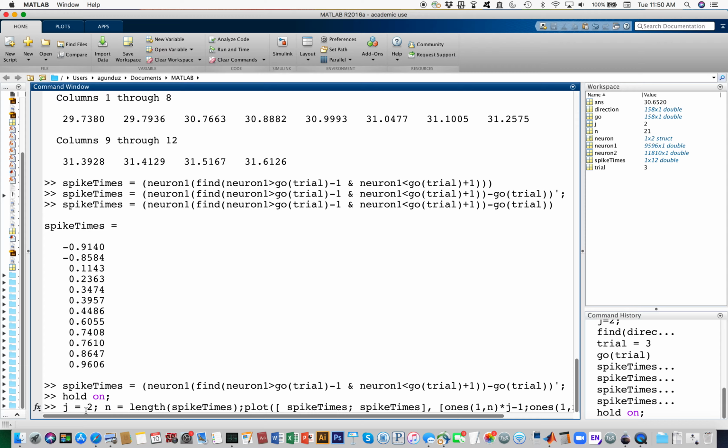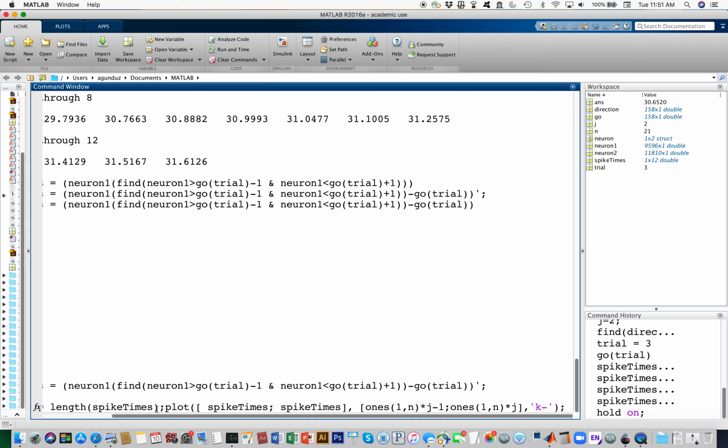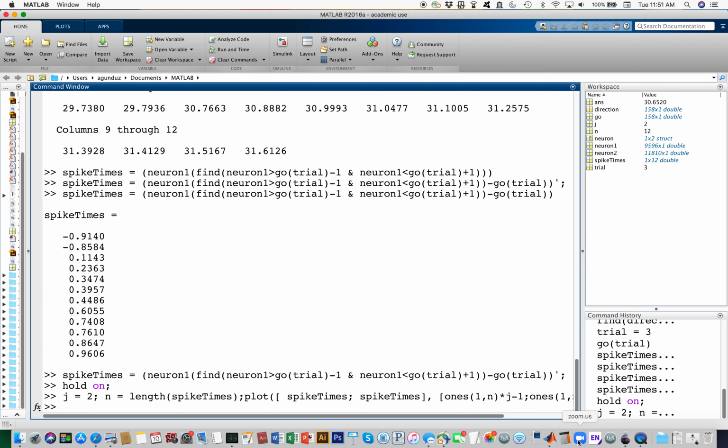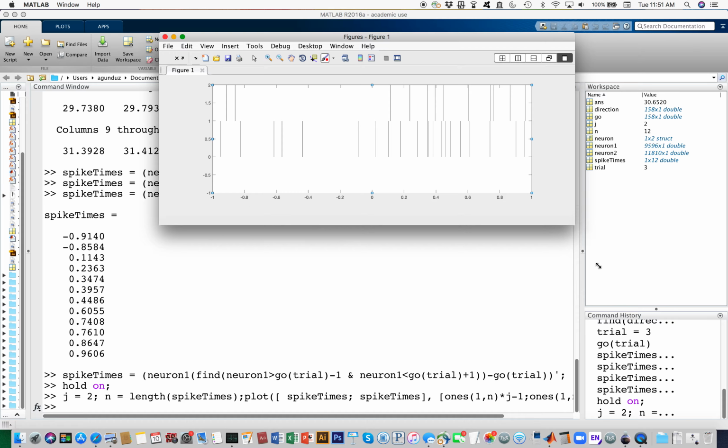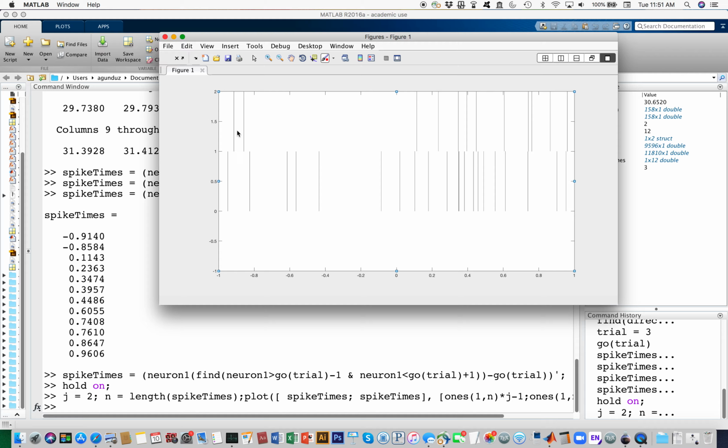This is something that would be in the for loop, so you don't have to hard code it all the time. So when j is 2, this 1 vector will be multiplied by 2. And voila, we were able to draw it on the row on top of it. So this is how to make just one of these raster plots for a given direction.